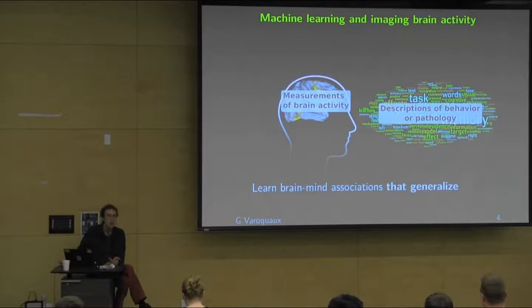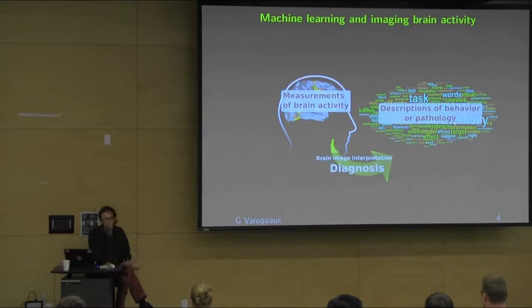The benefit is that they can explicitly generalize, okay? The goal of science is to generalize beyond the data that we've observed, but this generalization is usually conceptual. It's usually implicit. Machine learning is geared towards generalization. So all these associations between the brain and the mind, we can test to see if they generalize.